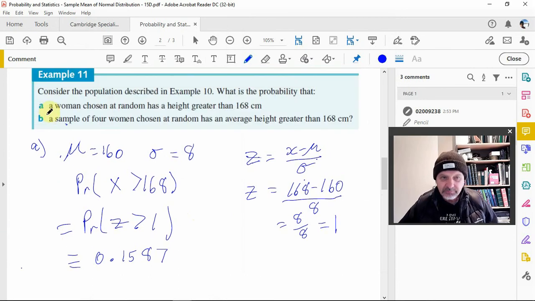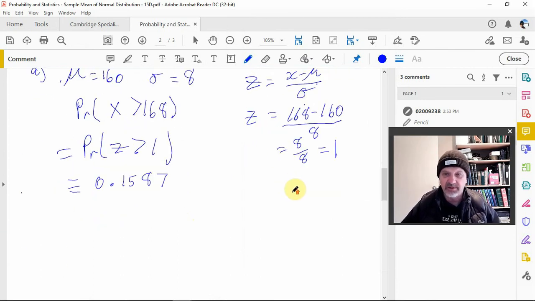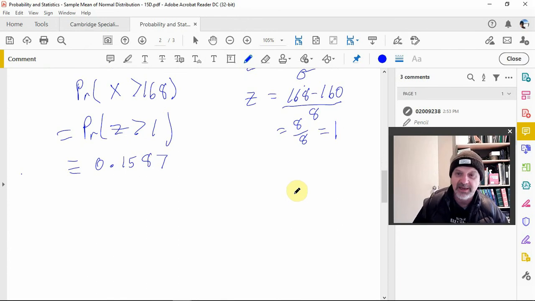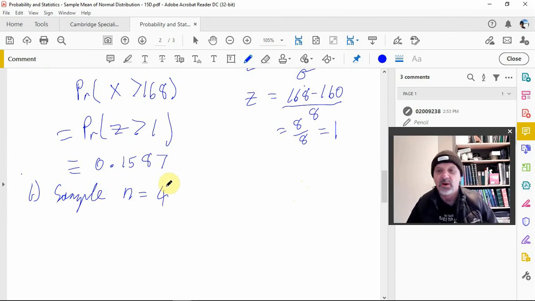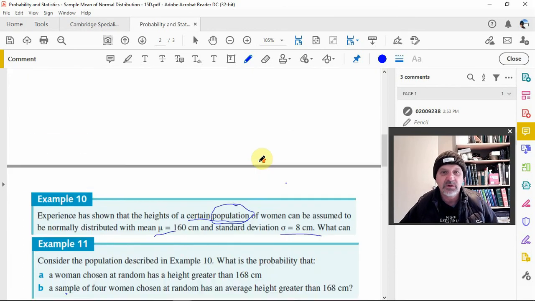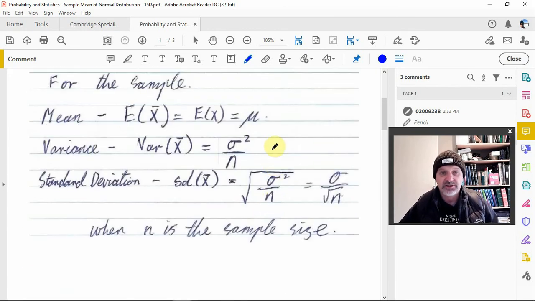All right. Now, part B tells about the sample. So now we've got to make adjustments to our mean and our standard deviation. So B is now we're talking about a sample, and the sample is size 4 out of our population. All right, so back up to this stuff here.